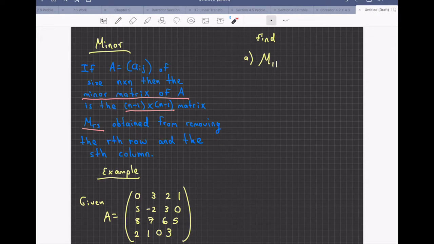So first, this matrix has size 4 by 4. I have to compute the minor 1,1.